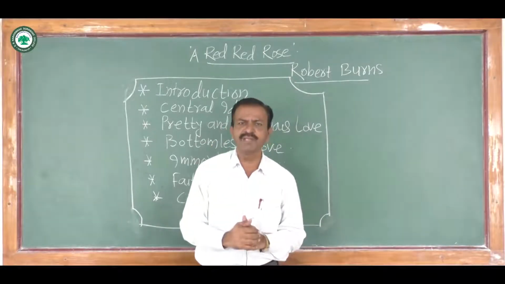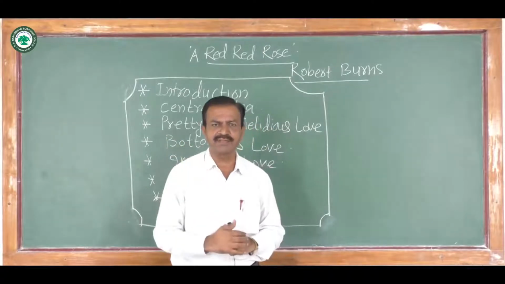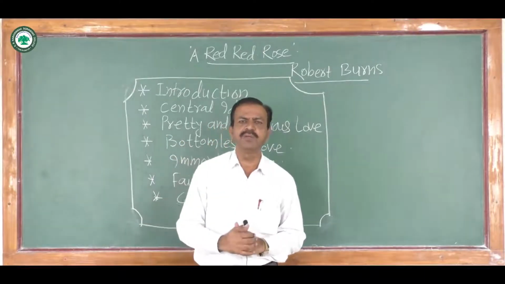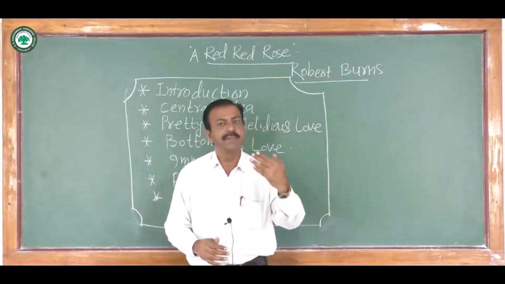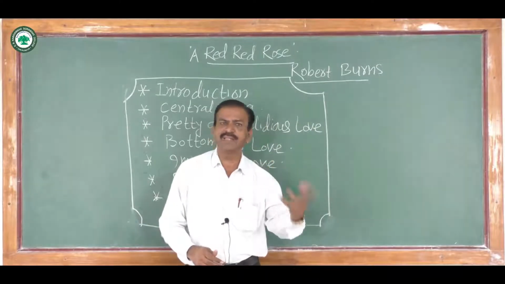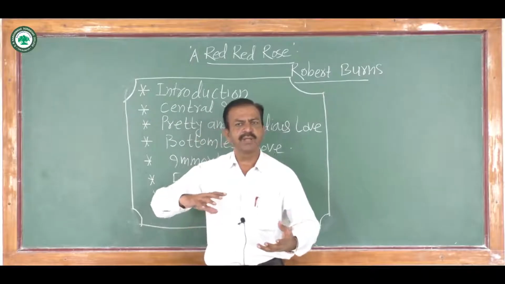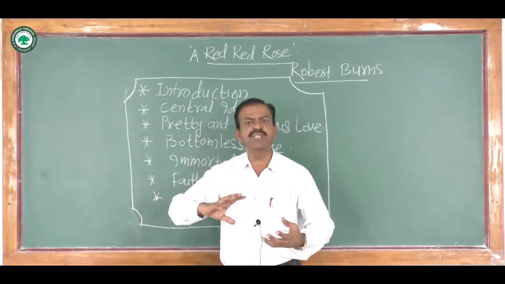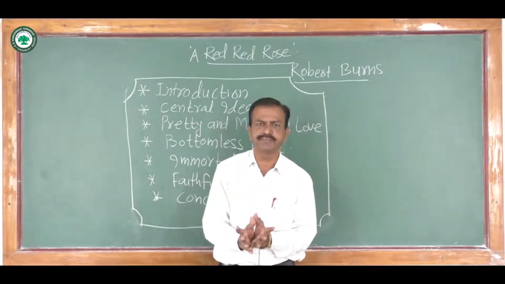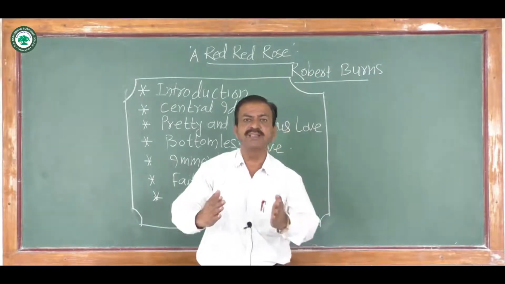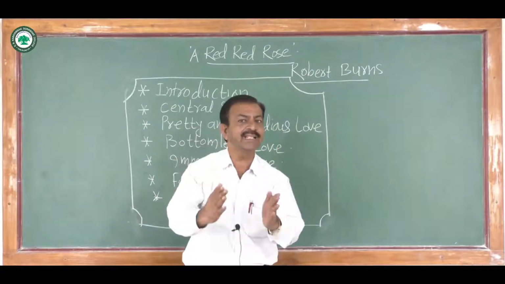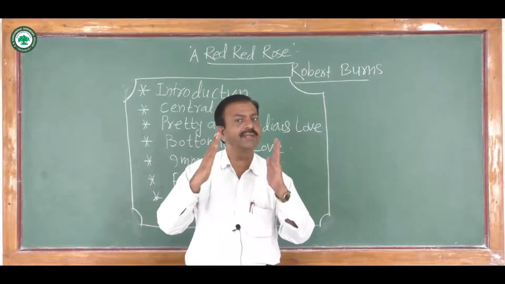Perhaps you have heard the words melody makers, a very popular word in the field of music. When we listen to any song, different musical instruments are played, and they make one sound. This is the impact, this is the result.